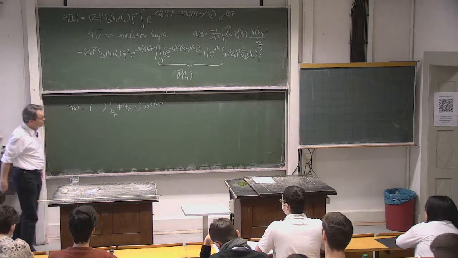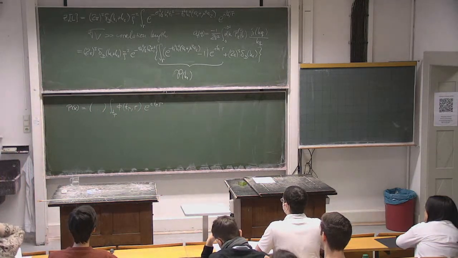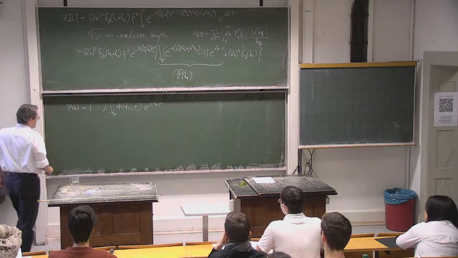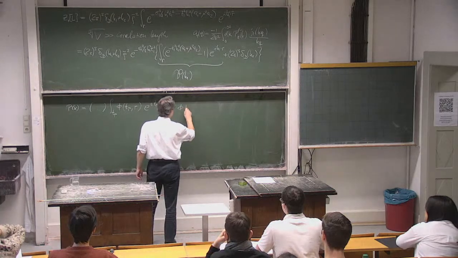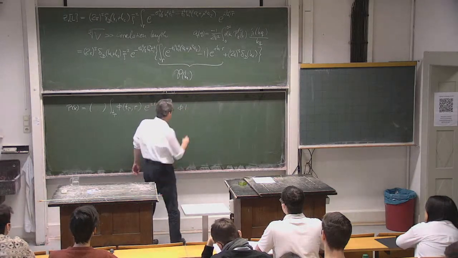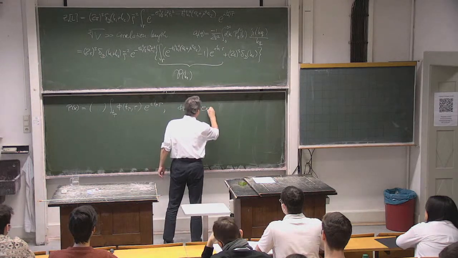And then we needed to transform back from Fourier space. And this characteristic function here looked like this.